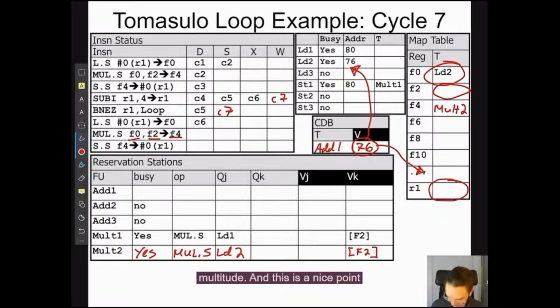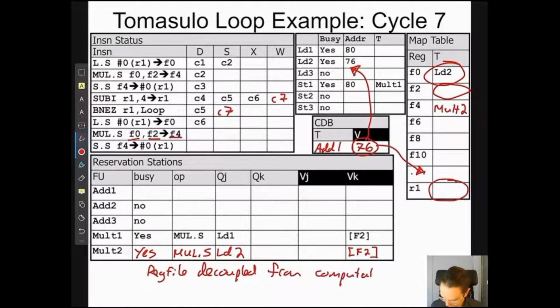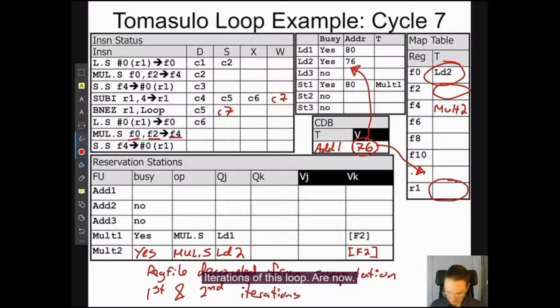And this is a nice point to observe that the register file is decoupled from the computation. And consequently, we are overlapping iterations. So the first and the second iterations of this loop are now overlapping. Over the course of these 7 cycles, we have started to dispatch not only the first iteration, but the second iteration as well.